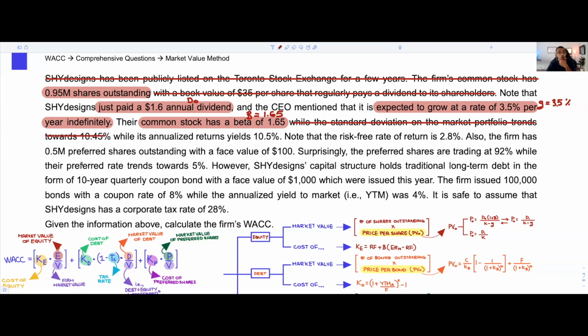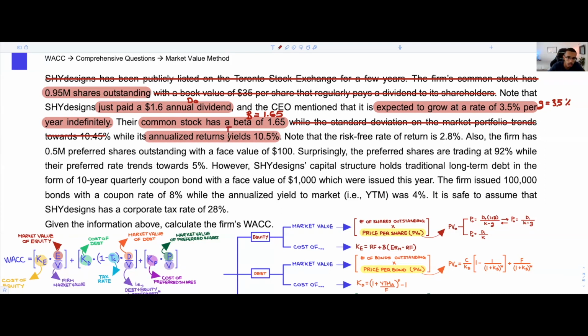However, they also let you know that the annualized returns on the market portfolio is 10.5%. That's important for us. The annualized returns of the market portfolio is 10.5%. And if we go back to our flowchart, hey, E(RM) is right there. We need that.